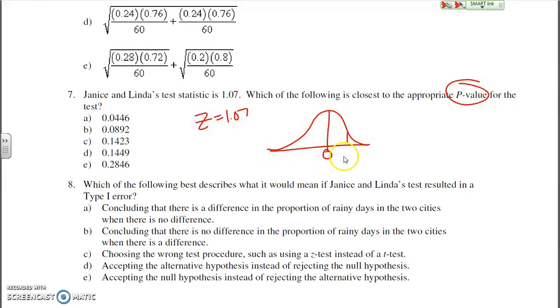Our test statistic would be 1.07, but that means we'd also have a test statistic of negative 1.07 on the other side. The area of one of those is 0.1423. So remember, you have to multiply that by 2 since it's a two-sided test, which gives us 0.2846.